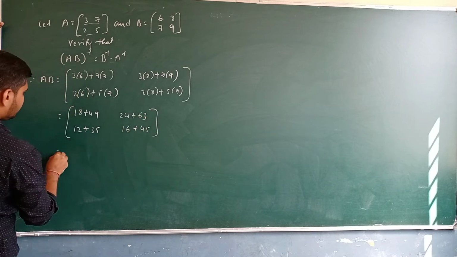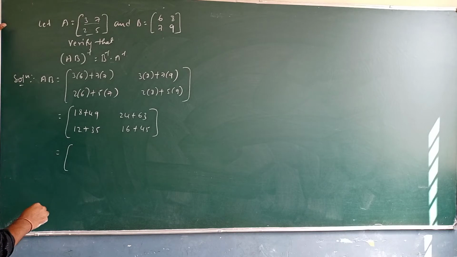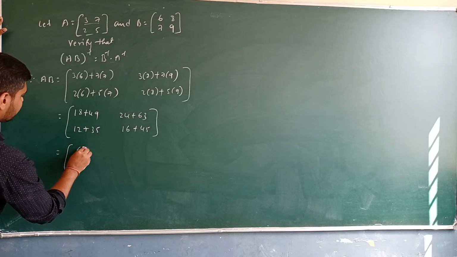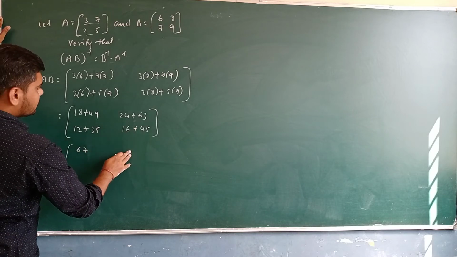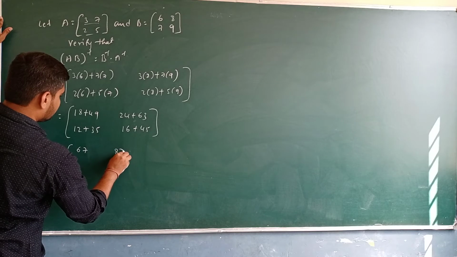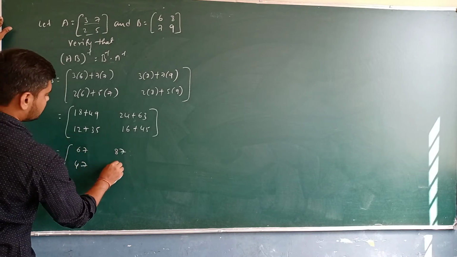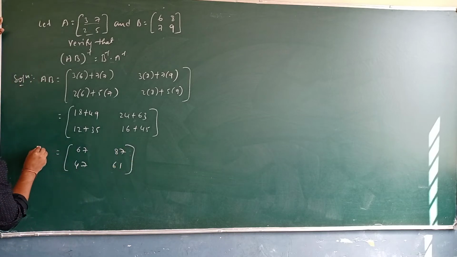So the answer is going to be 67, 87, 47, 61. So this is the required AB.